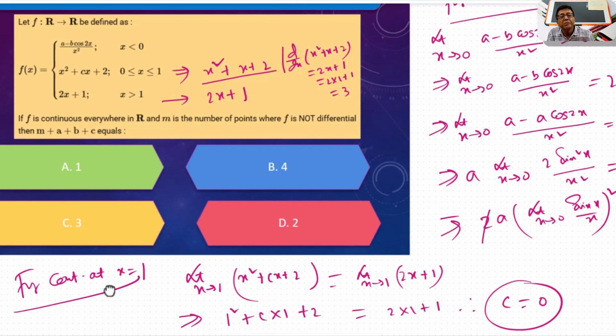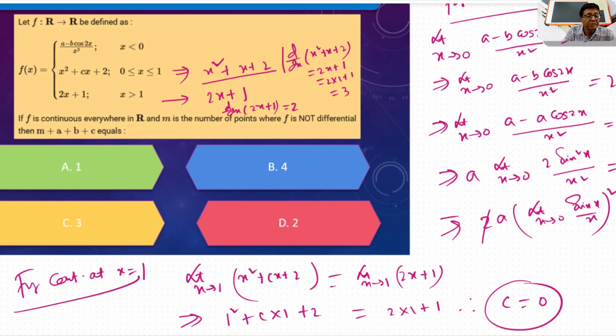But here the derivative d/dx of the constant part is equal to 0. So it is not differentiable at 1. Isn't it? The function is not differentiable at x equal to 1.